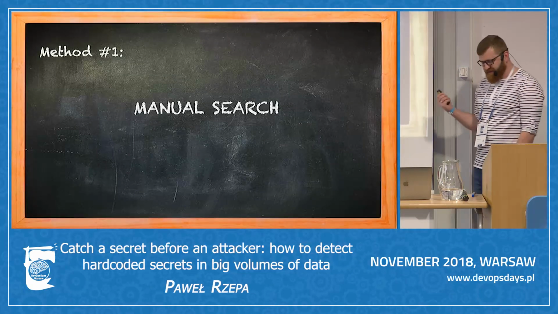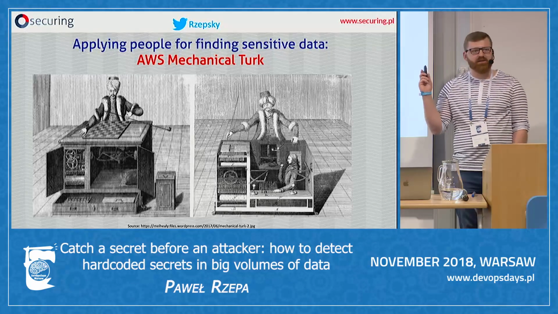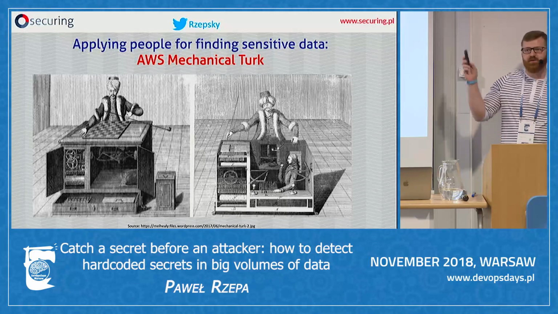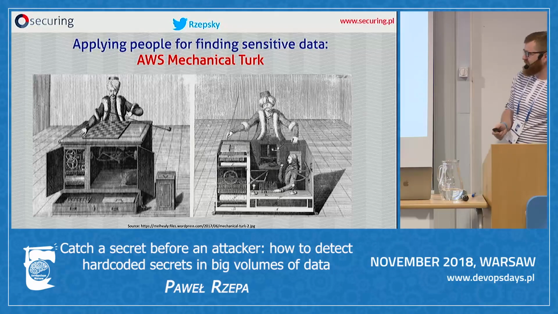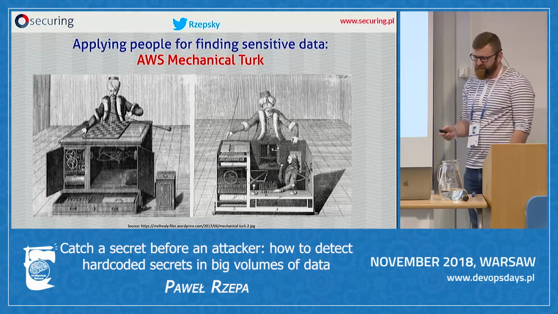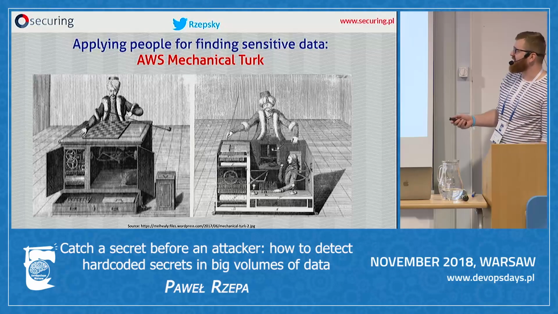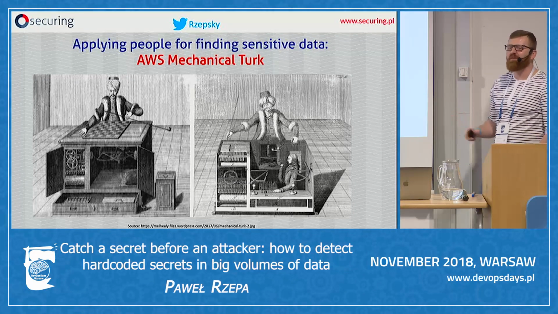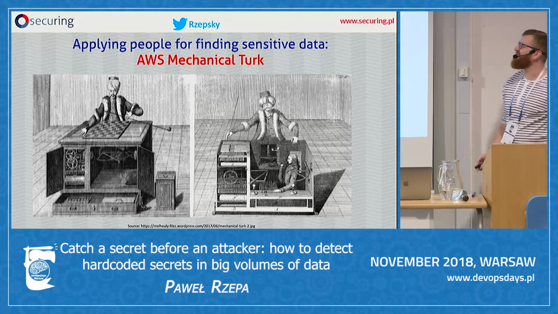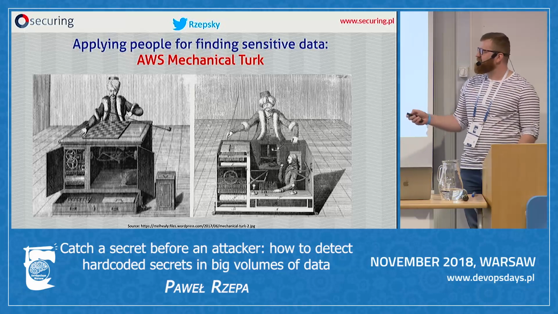So, the first manual search. Do you know the service AWS Mechanical Turk? Who knows? Please raise your hand. Okay, some of you. The story behind this service and its name is that in the 18th century there was the first prototype of artificial intelligence, a big machine.